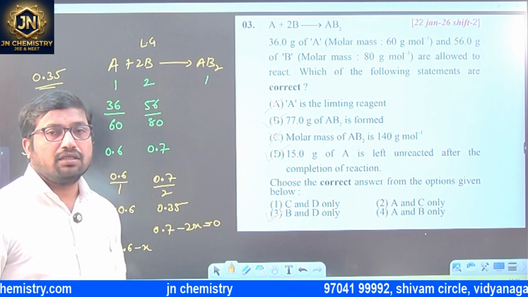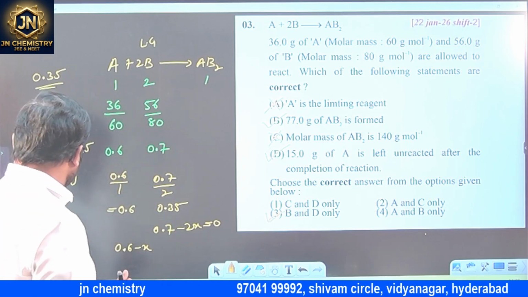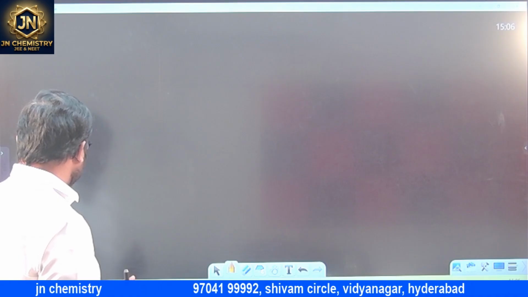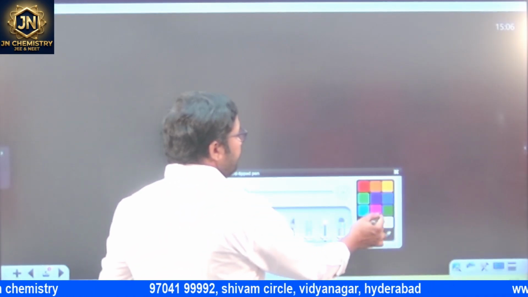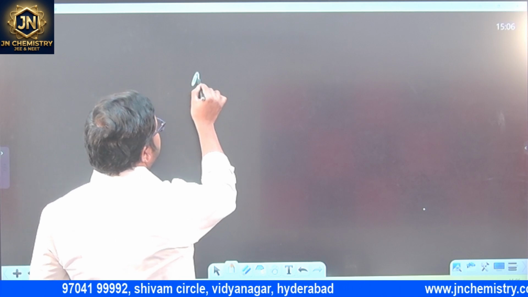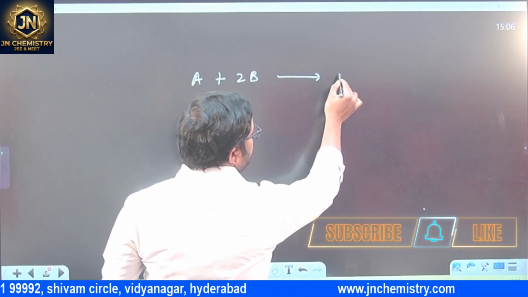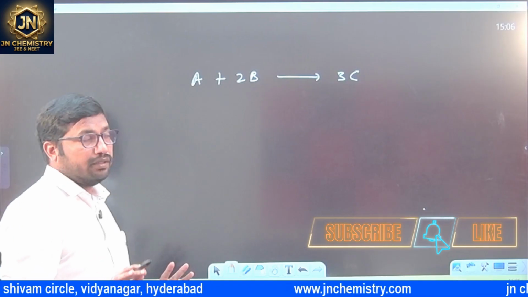In this case, we need to find out the limiting reagent. I will give you one shortcut trick for whenever a limiting reagent question comes in the future. For example, A plus 2B gives 3C, whatever it may be.